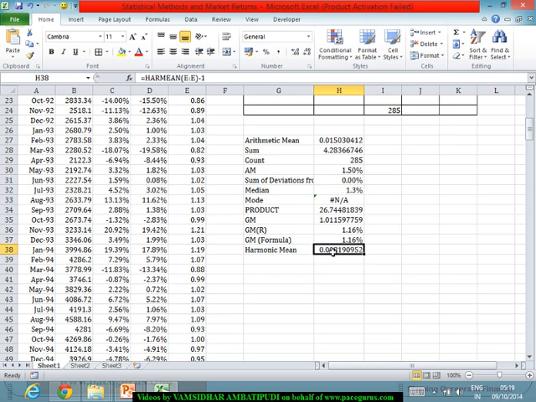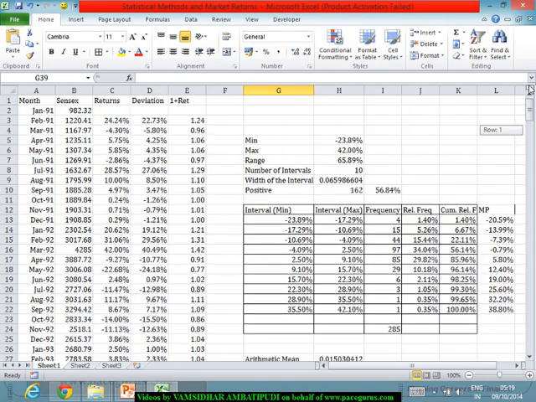But what has happened is, first I take the reciprocals of the data, 1 by x. So let's say I am going with 1 plus r, the reciprocals of 1 plus r. First I take the reciprocals of this. So these are the reciprocals.